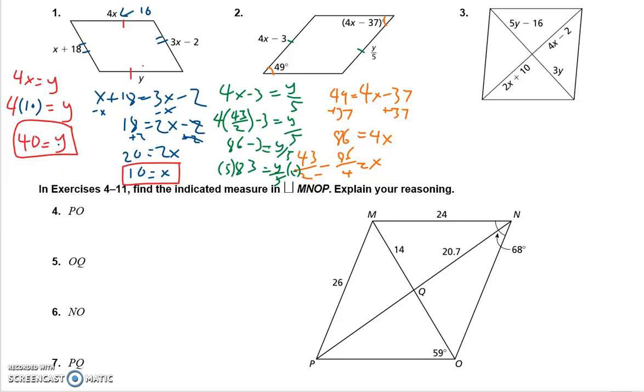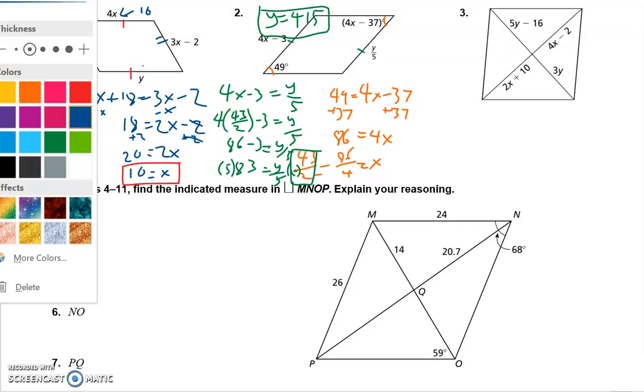Well, I think it's right. So y equals 415. So the answers to number 2 are this and this, 43 over 2.